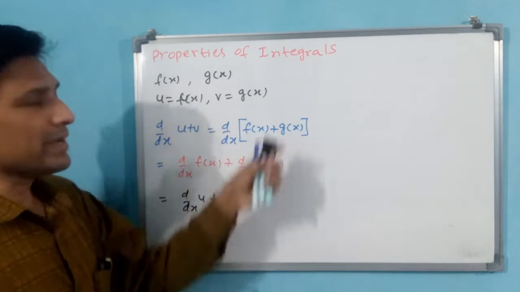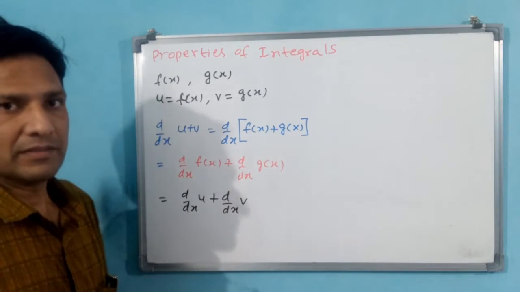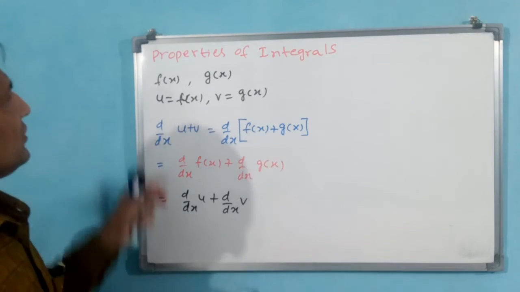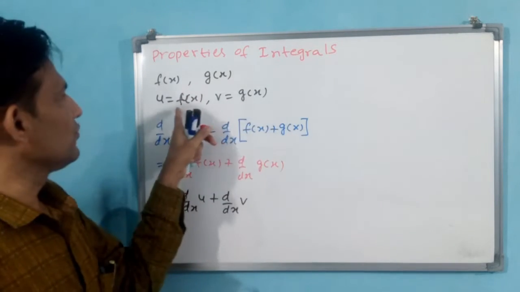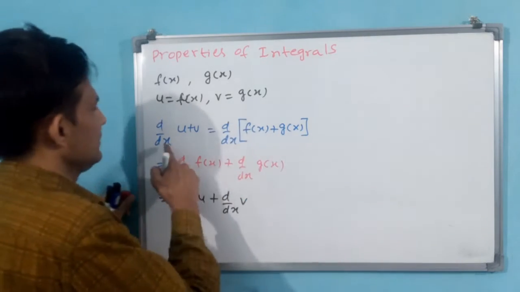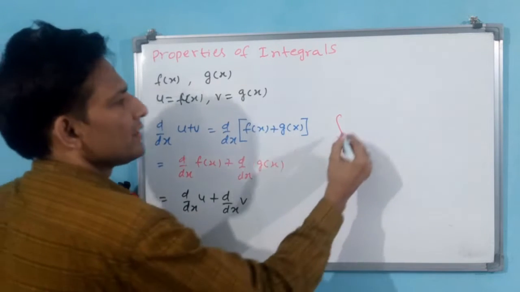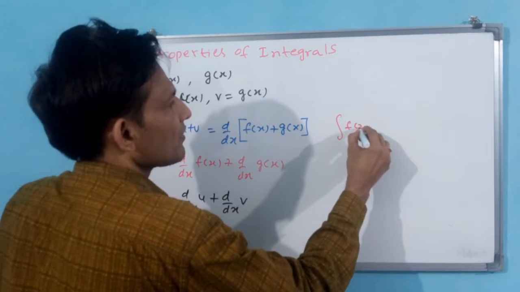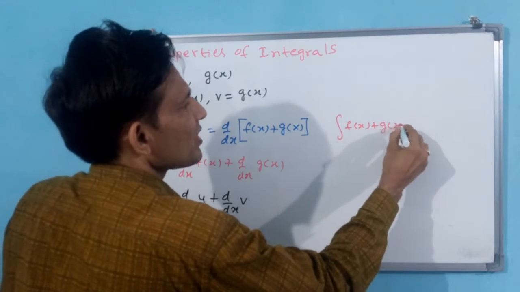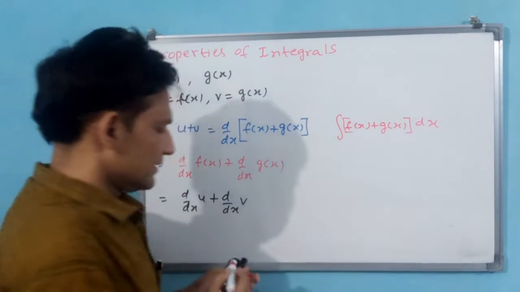What about the case of integrals then? All we study by comparing with differentiation only. This is differentiation. See, f of x, g of x are the same, u or v also the same. For the integral, we are going to write the integral of f of x plus g of x dx.